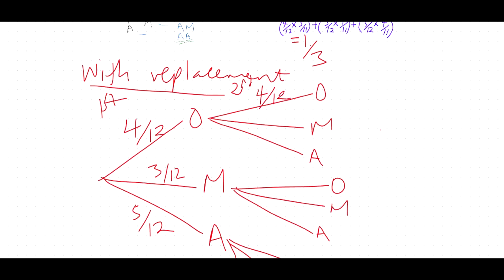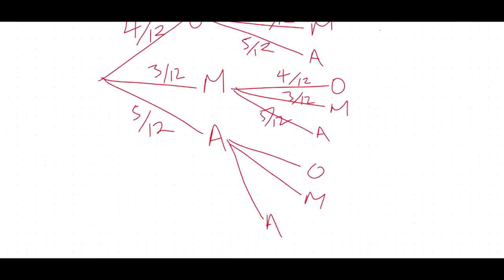Your mangoes will still remain 3, and the total will just remain 12. So here you find that with replacement, the probabilities do not change. They just remain the same. They remain the same throughout.